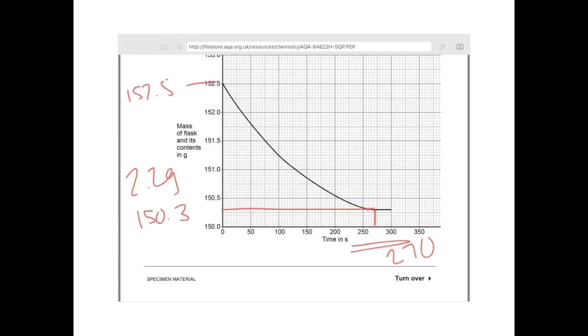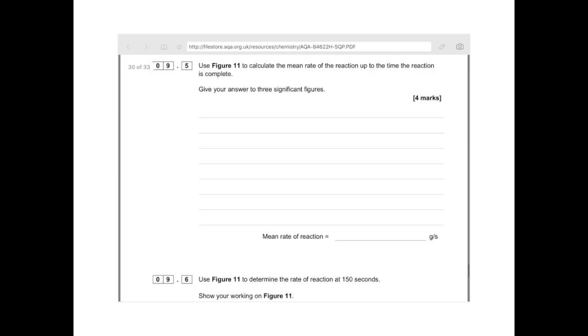So then you do 2.2 divided by 270, and that gives you an answer which is 0.00815.